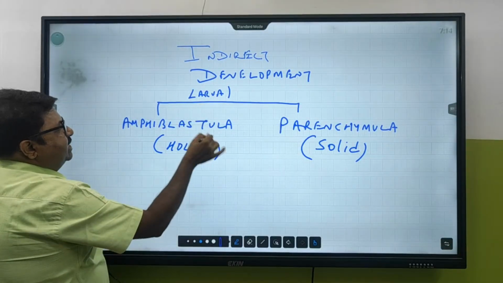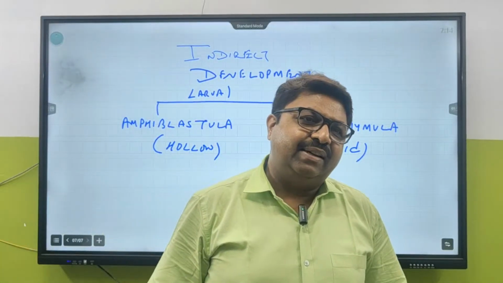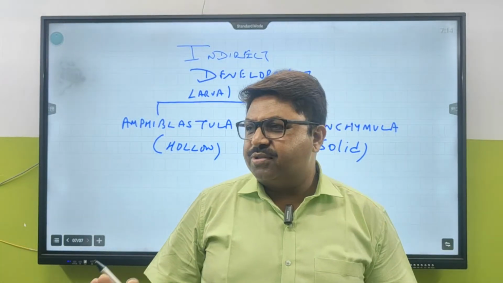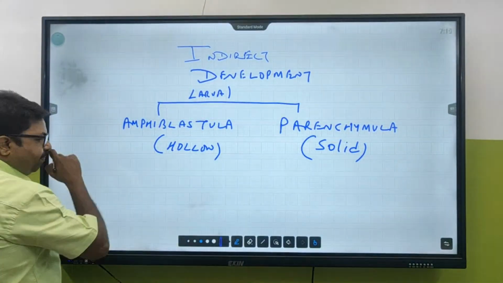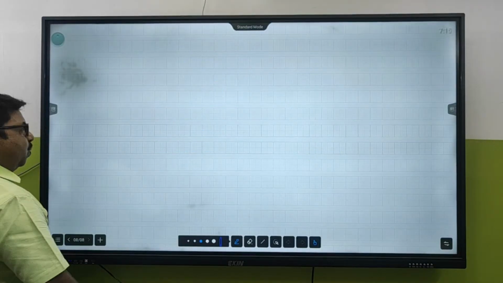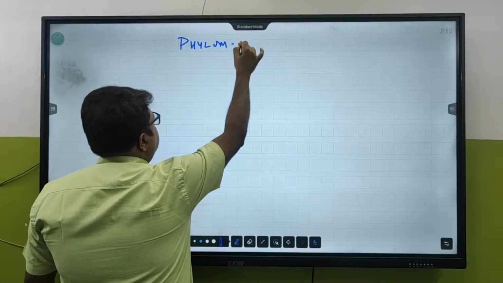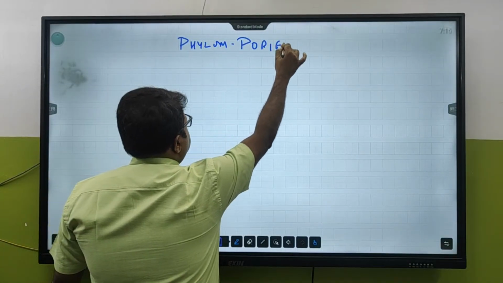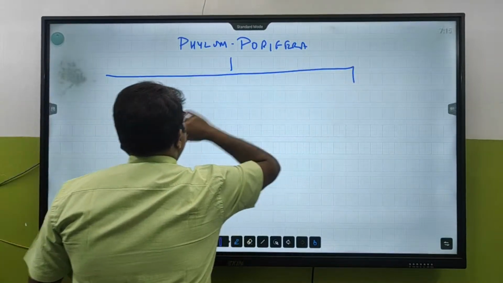That means if a larva is present, what kind of development can you expect them to have? Indirect development. Any issues? So larva is there. What else can we talk about them? We can classify phylum Porifera into 3 different classes.